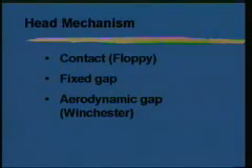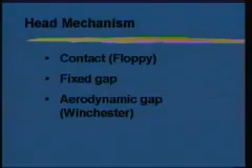The basic advantage of that particular thing is that it is very close and it can do some sort of error-free reading and writing. But the disadvantage of this mechanism is that since the head is rubbing against the magnetic surface, the chances of erosion, the chances that your disk will be corrupted after repeated use over a period of time are much higher.